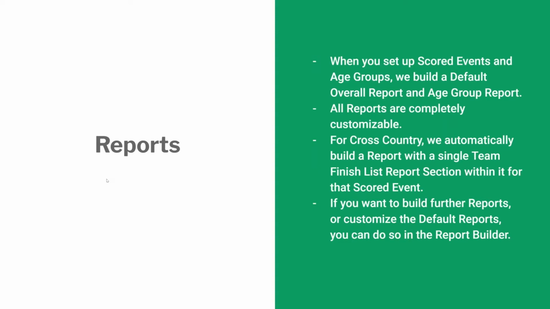And it will build a special report that has, for cross country, what's called the team finish list report section. And that will allow you to publish team results. It will also include things like the year for participants. It will include the team name by default. If you wanted to customize it, you can do that, but we just do a default report section template that is automatically built for each of these to make your lives a little bit easier.